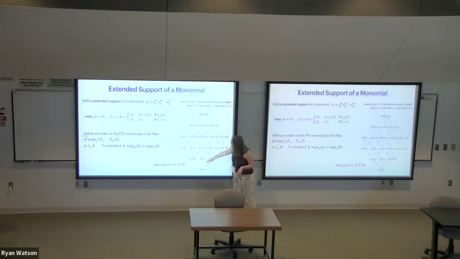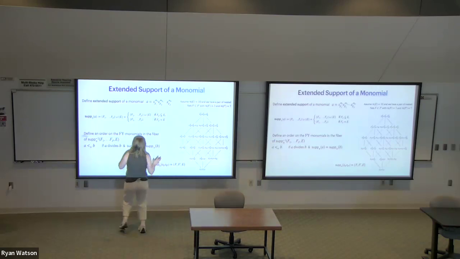Then these are all of the monomials that have the extended support of F, F prime, and E. These are all of the monomials I can get with that. So these are all bases of my Chow ring, and all of these are things that I want to send to one, right? If I'm going to send this somewhere, it's got to be one of these three to preserve its stabilizer ring.